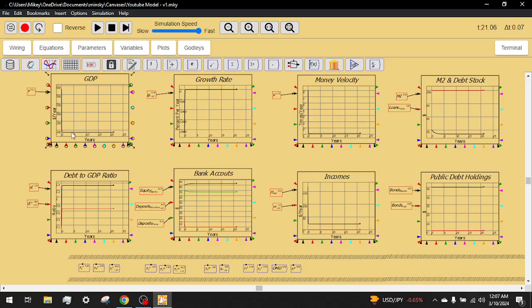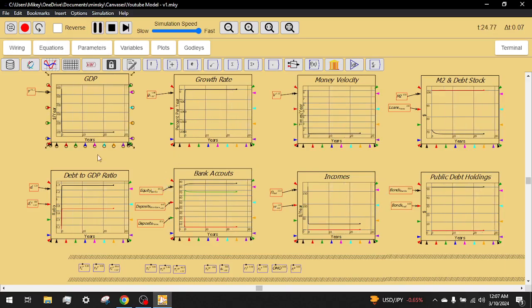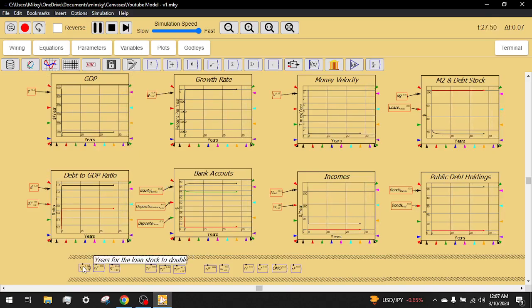GDP is constant at just under 100 billion, it looks like, maybe 75 billion. The growth rate is constant at basically zero. Money velocity is basically unchanging. Basically just a stagnant economy. So I'm going to keep letting this run and just see what happens when I increase the rate of lending in the economy.